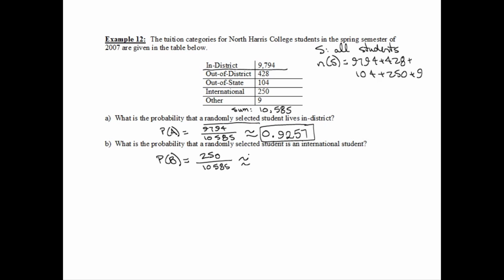If you don't, something is very wrong, and you should ask yourself if your answer seems reasonable. Mine does. About 92.5% of our students are in district, and a little over 2% are international students. That certainly seems reasonable based on the numbers given above.